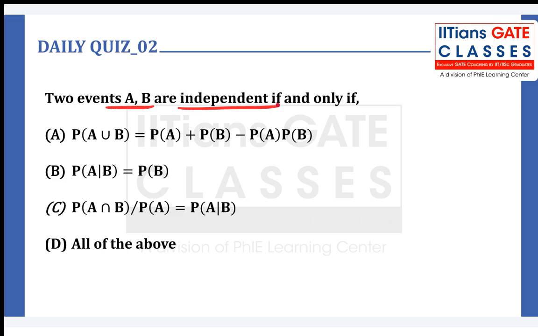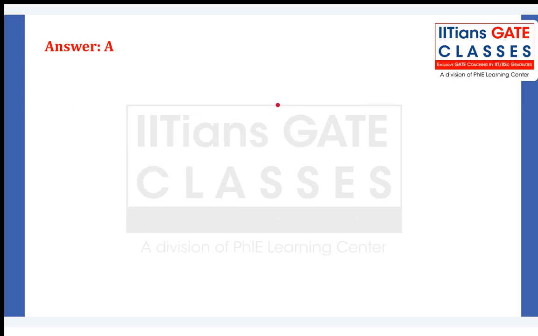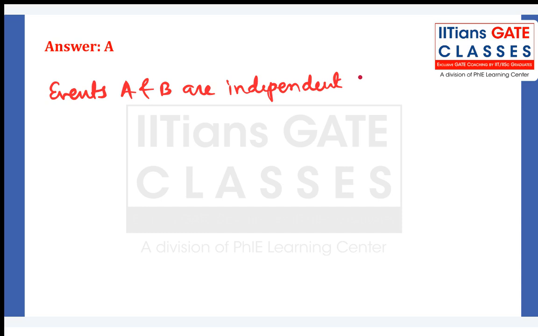We call events A and B independent if the probability of A intersection B is equal to the probability of A multiplied by the probability of B. This is the classic definition of independence of 2 events. You have to use this definition on these options.